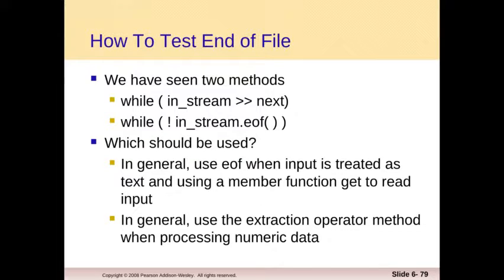Now, I've already given you a little clue about this, but we have two methods to test for the end of file. If you have two methods to do something, the question is always, which method should I use in the specific situation I'm in?